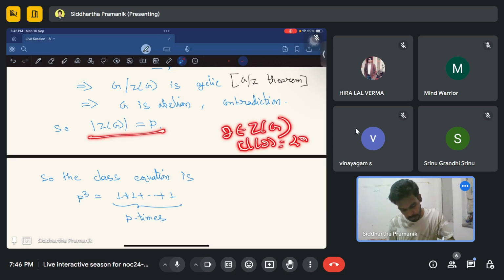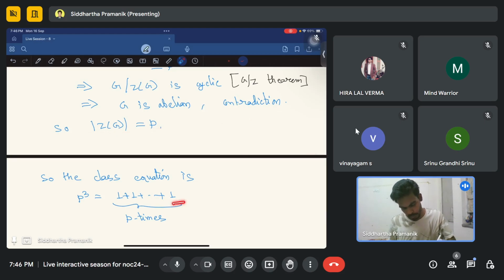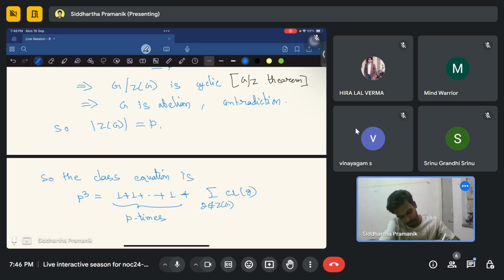So we have P singleton conjugacy classes and the other conjugacy classes, which is the summation of the conjugacy class of g where g does not belong to Z(G), over distinct conjugacy classes.